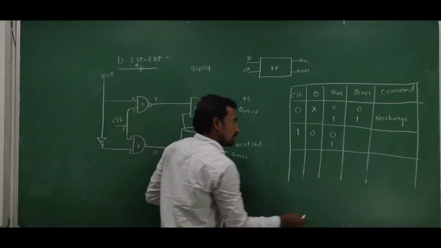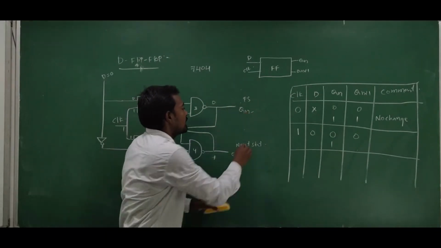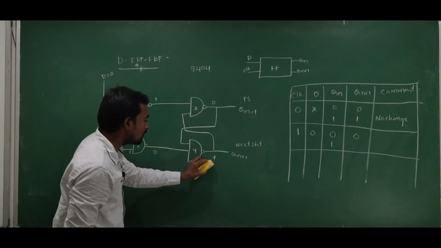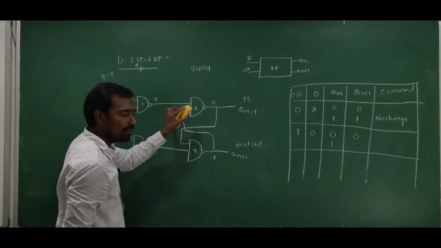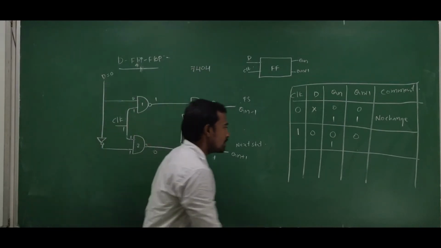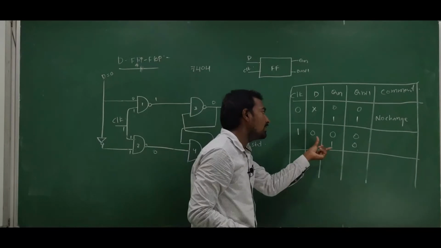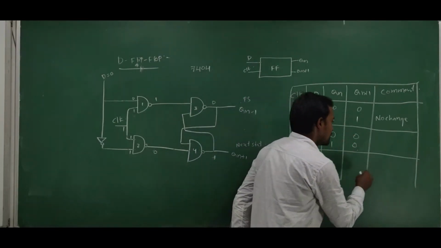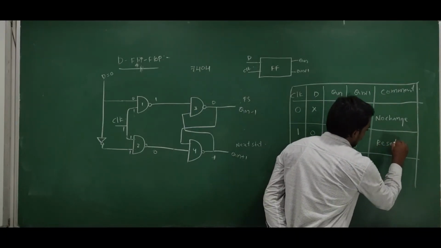So output is equal to 0, and if Qn is equal to 1, 1 cross 0 is equal to 0. 0 complement 1 again, and 1 cross 1 is equal to 1. 1 complement 0. So the Qn is equal to either 0 or 1, then we are getting the output is equal to 0. Then this state will be called as reset condition.